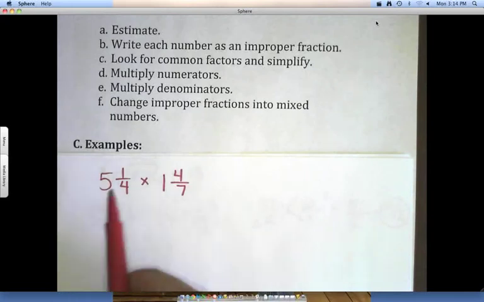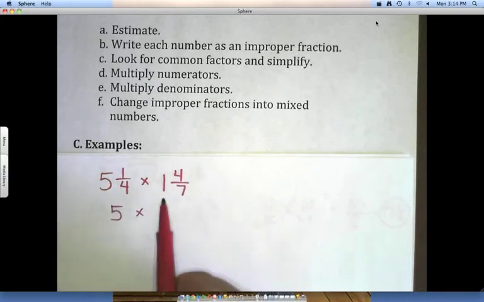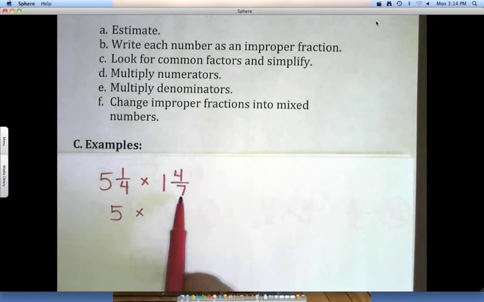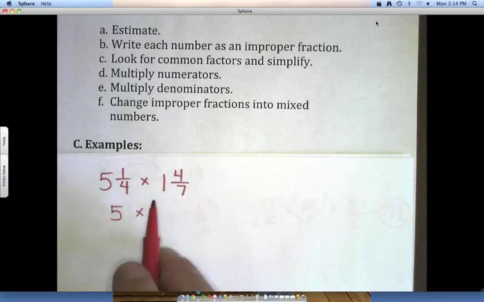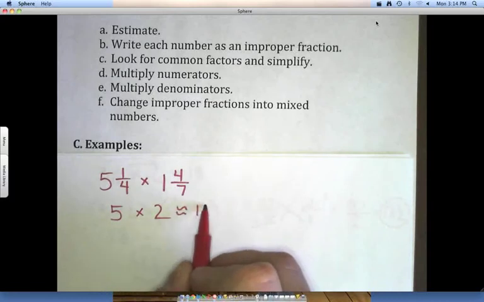Again, I'm just simply going to do the improper fraction way from my step-by-step instructions from up above. 5 1/4, the 1/4 is going to keep 5 the same when I estimate. The 4/7, remember half of 7 as we talked about before, take a look at the denominator. Half of 7 is 3.5. 4 is greater than 3.5, so my 1 is going to become a 2. So my estimate is equal to 10.